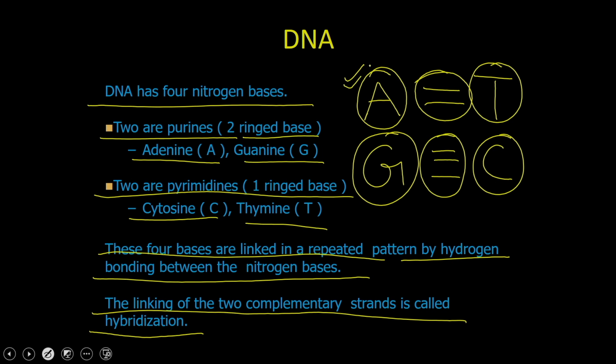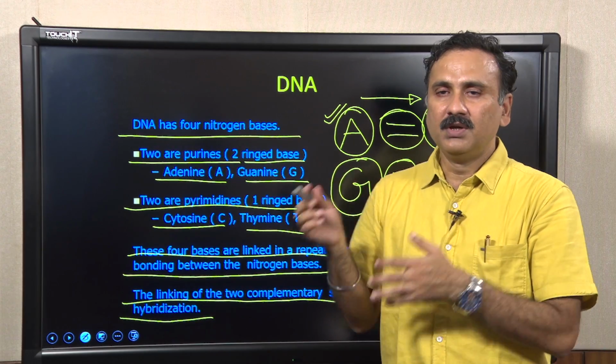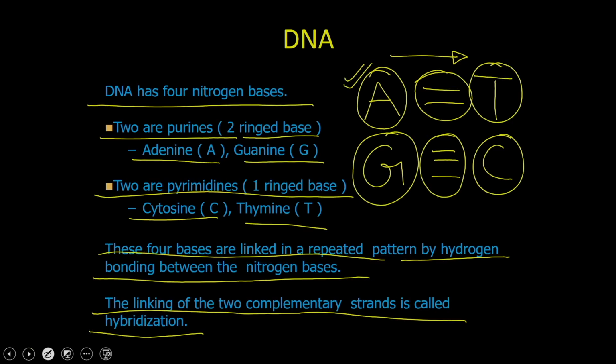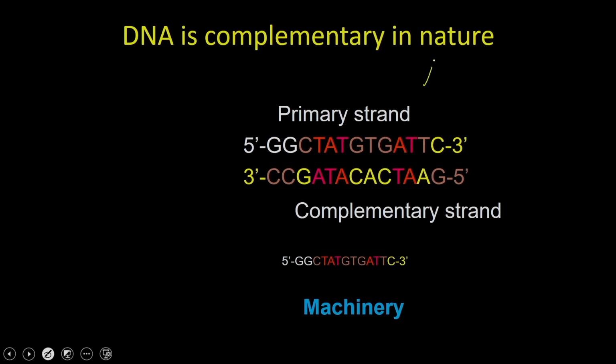Which means the strength of the A to T interaction is weaker compared to the interaction of G to C. And because A pairs with T and G pairs with C, DNA is complementary in nature.